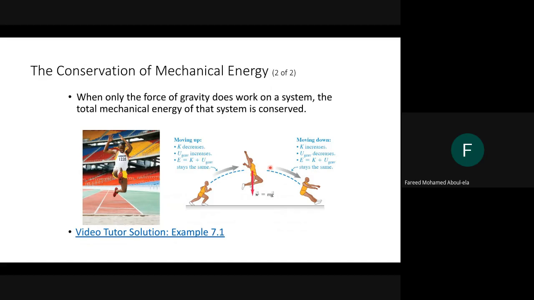Then as he comes back down, the potential energy decreases and the kinetic energy increases, and this brings him back down. But the sum of the kinetic and the potential energy, once he lifted himself off of the ground, must be the same, must be constant.